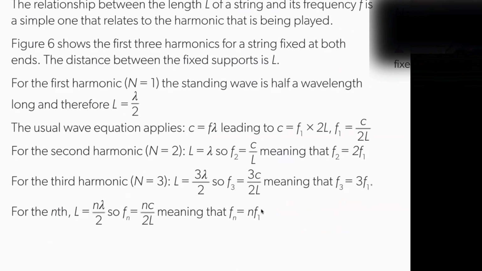Tell me. Yes. So n equal to 1, first harmonic, L is lambda by 2, F is equal to v by 2L, F1 is equal to F1. For n equal to 2, it is lambda, Fn is equal to v by L, and that harmonic is 2F1. It's 2 times F1, right? It's 2 times F1 only.